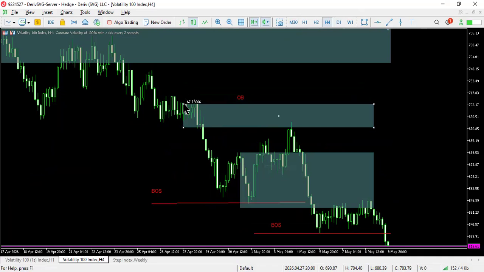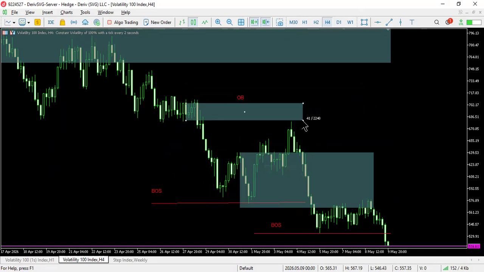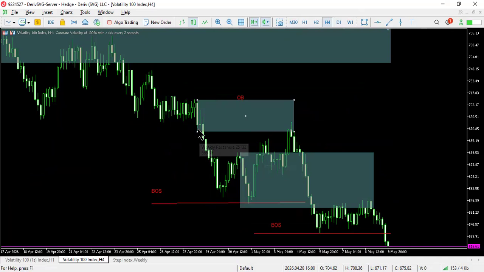From the 4 hours time frame, if we are to adjust our order blocks, the first order block is going to be at that level where price stepped in, and then we're getting a push to the downside.